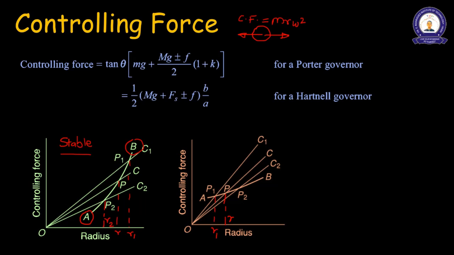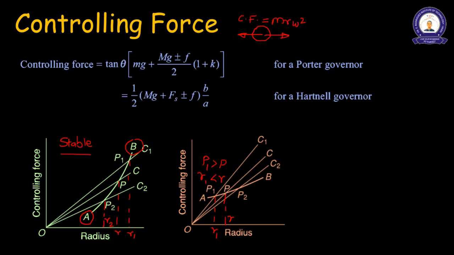So if you see, P1 is greater than P, but R1 is less than R. So as the speed increases, the radius is decreasing. As the radius decreases, the sleeve will move downwards and it will further open up the valve and further increase the speed.